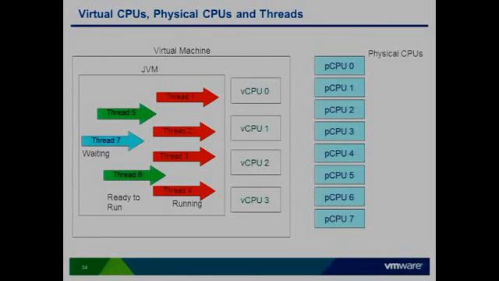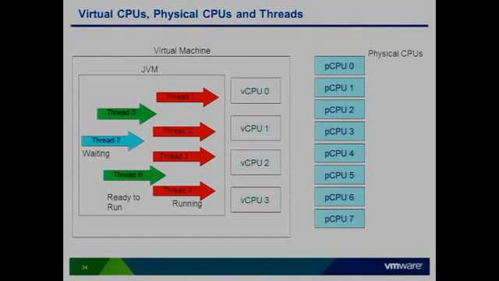So those red threads are being mapped onto the virtual CPUs by the guest operating system. That's what's doing that mapping. It's saying, I need a CPU. It happens to be a virtual CPU, although the guest operating system doesn't know that. It thinks it's a real CPU.